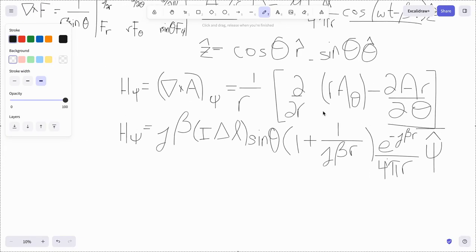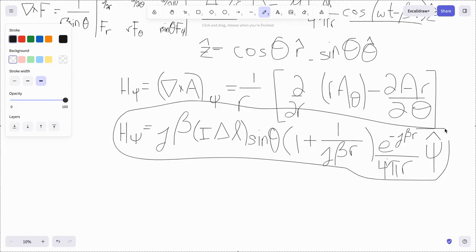And so this is a pretty important equation, so I'll go ahead and circle it, but this tells us what the magnetic field looks like for a dipole antenna.